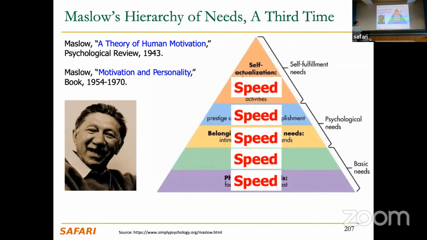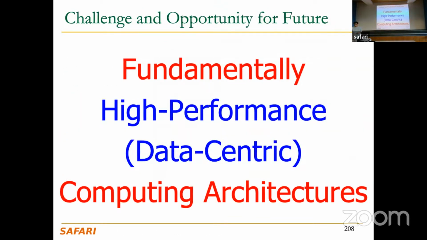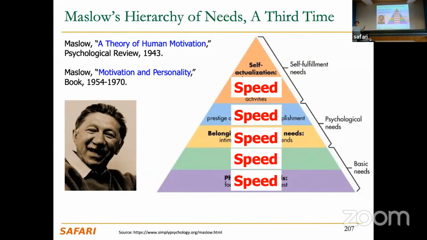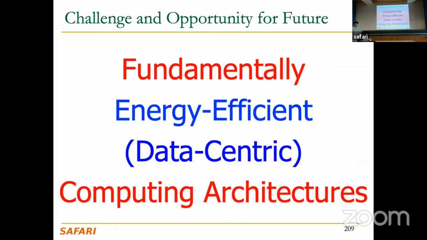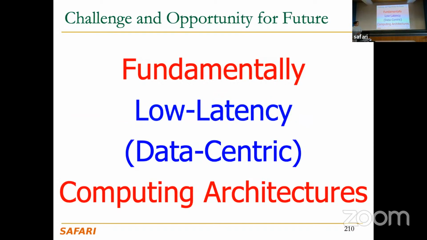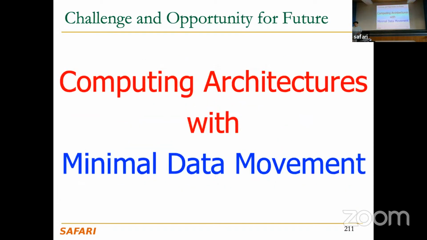So with all of them we can achieve what we really wanted: much higher energy efficiency and much more performance. Again, fundamentally high-performance and energy-efficient computer architectures that are also low latency and compute with minimal data movement.